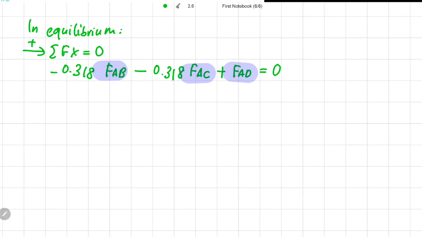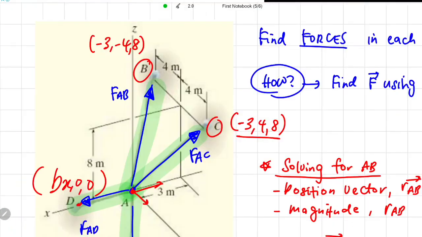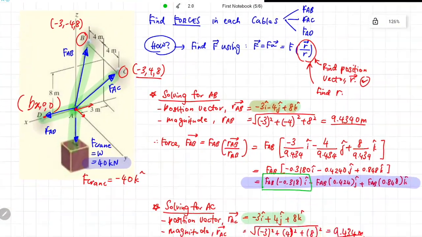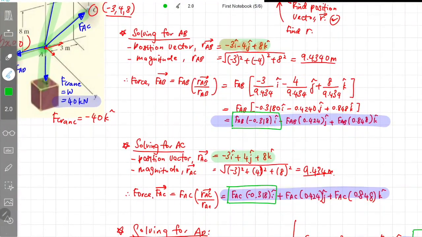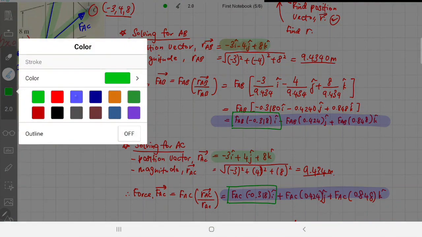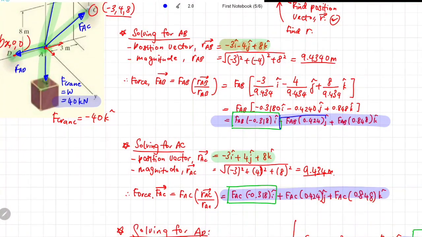Okay, kita continue our equilibrium analysis in the y direction pula. So assuming the upward direction to be positive, then summation of all the force magnitude in y direction should be equivalent to 0. Tengok balik dalam equation yang you generate sebelum ni. Okay, you kumpulkan all the magnitudes in the y or the j direction, which is this one and also this one.